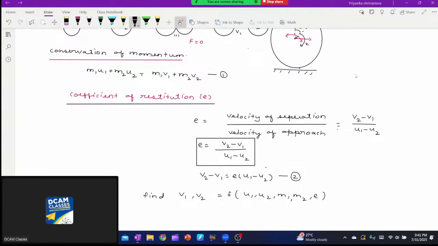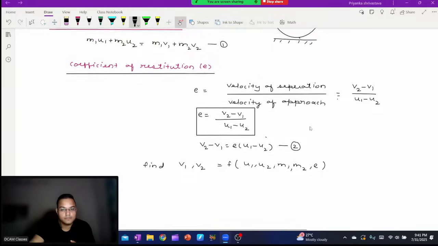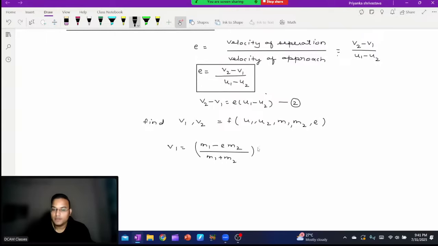Did anyone get the result? See, the result you should get is this one. V1 should be equal to (m1 minus e m2) by (m1 plus m2) into u1, plus m2 into (1 plus e) into u2 by (m1 plus m2).